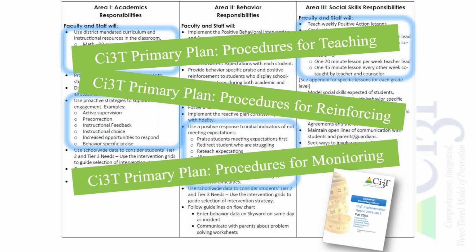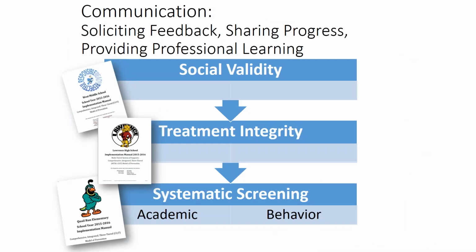And then a third and important piece also of implementation is making sure that we have procedures for monitoring this implementation. Because most of us, the 123 of you logged in at this point, there are plans in place that you want to happen at Tier 1, but you need to know that they are happening, that those are being taught, they're being reinforced, and indeed that they're actually working.